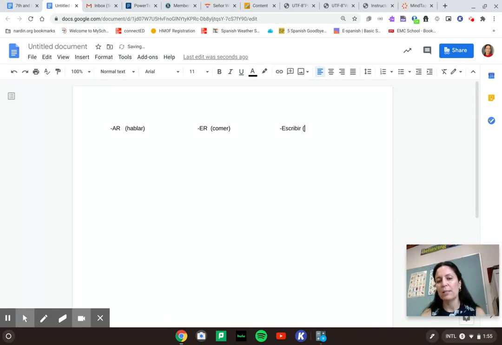So you're going to see those endings on the verbs. Escribir is to write. That's always the infinitive form. When we say infinitive, we're saying that this is the unconjugated verb. We haven't changed it to I speak, you speak, we speak. It's just the infinitive. So we're going to go into AR verbs today.